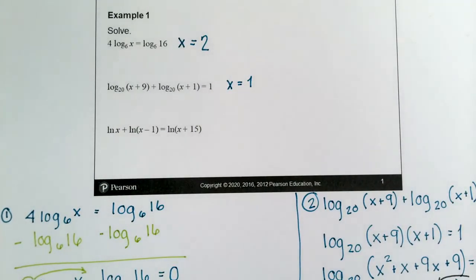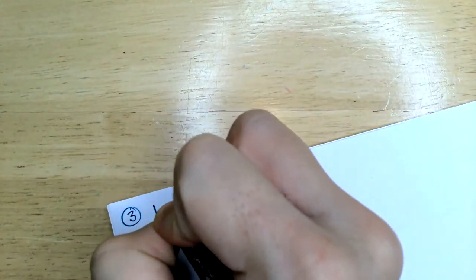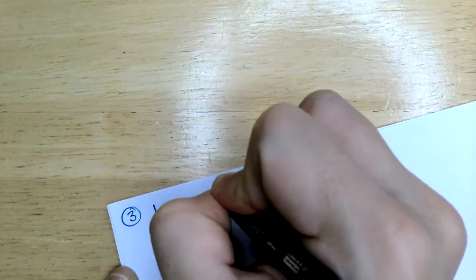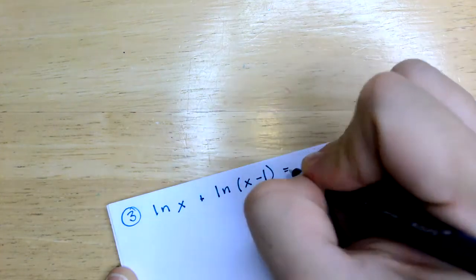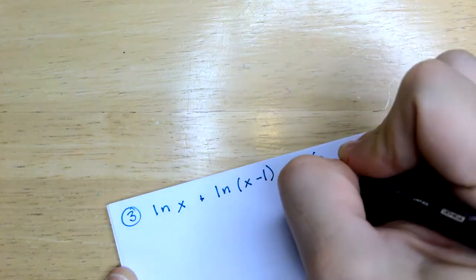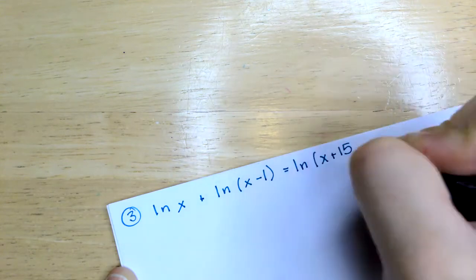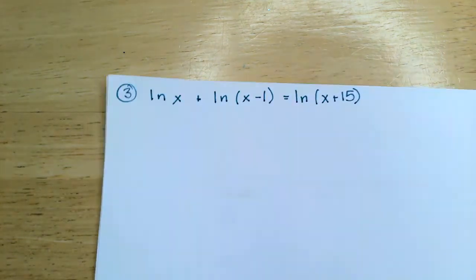All right, number 3. I have some natural logs. The natural log of X plus the natural log of X minus 1 is the natural log of X plus 15. Good.